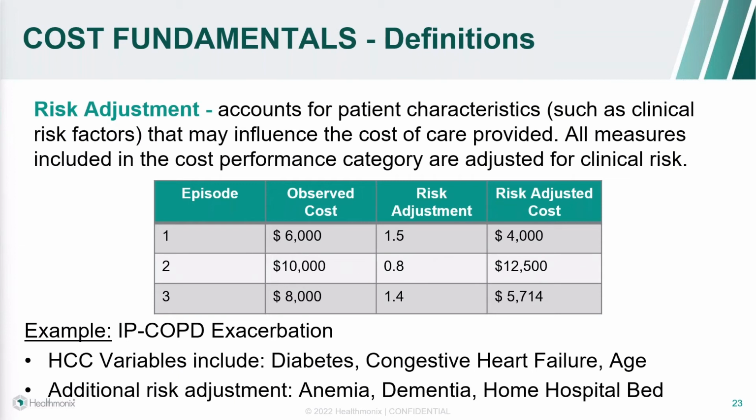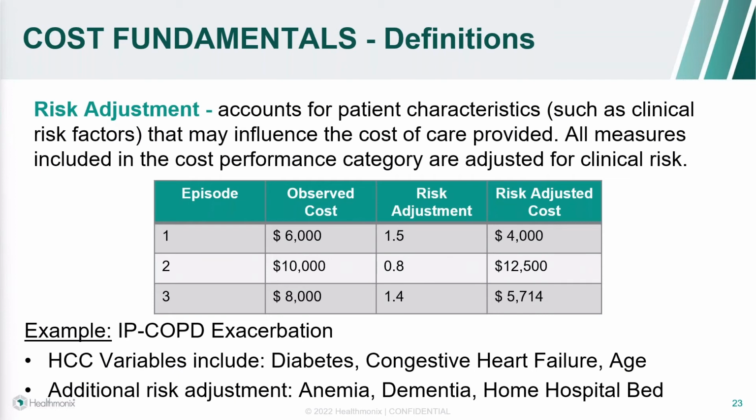So one way to really impact your cost score is to make sure that your patients have documented all of their condition codes, so that what happens is that feeds into a risk adjustment factor for each one of these episodes.